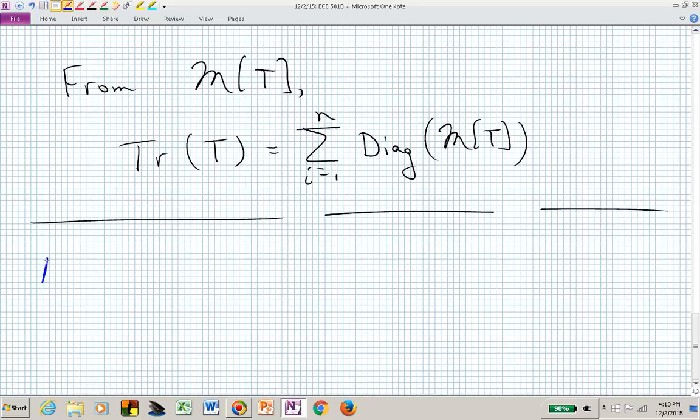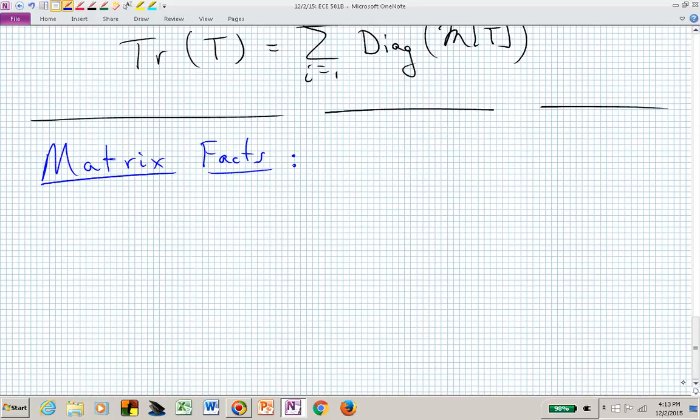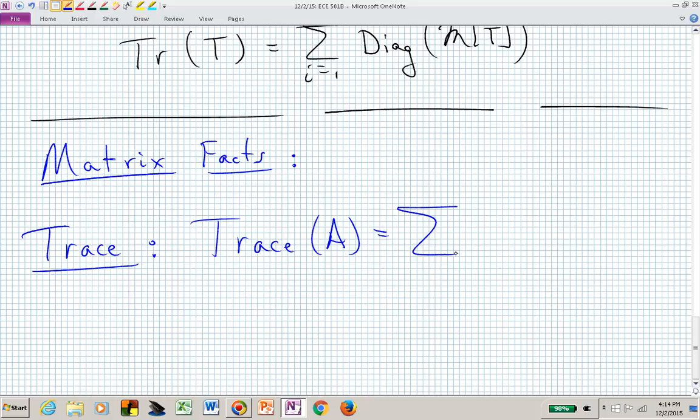And this carries over if we're not explicitly identifying a linear operator and just dealing with matrices. We have the following matrix facts. If we wanted the trace, then the trace of a matrix A is equal to the sum of the diagonal elements in that matrix.